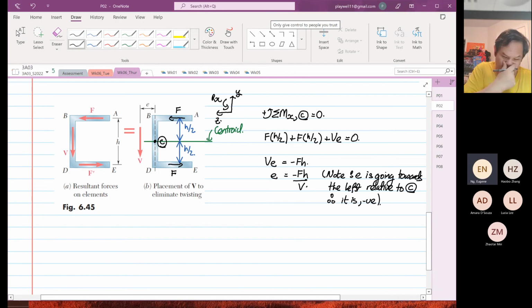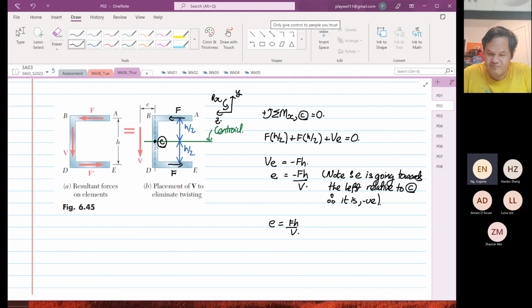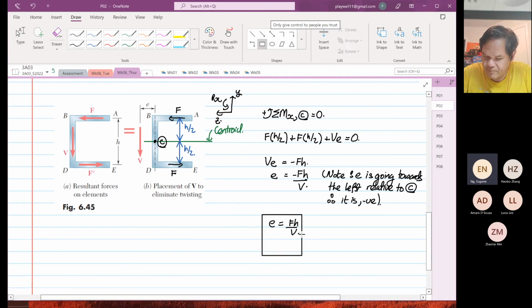Usually what we tend to write is just E equal to FH over V. If you look at the textbook, it's always in that expression, and we know when it's negative, it's on the left hand side of point C.